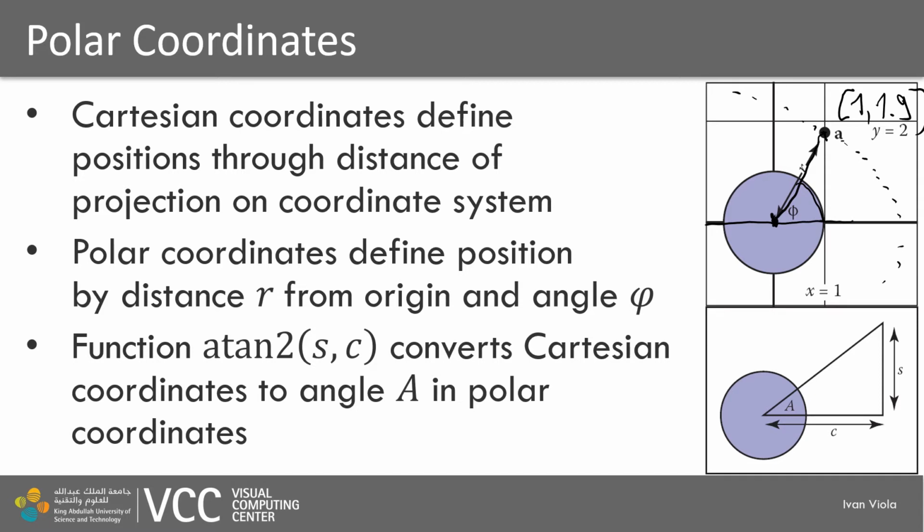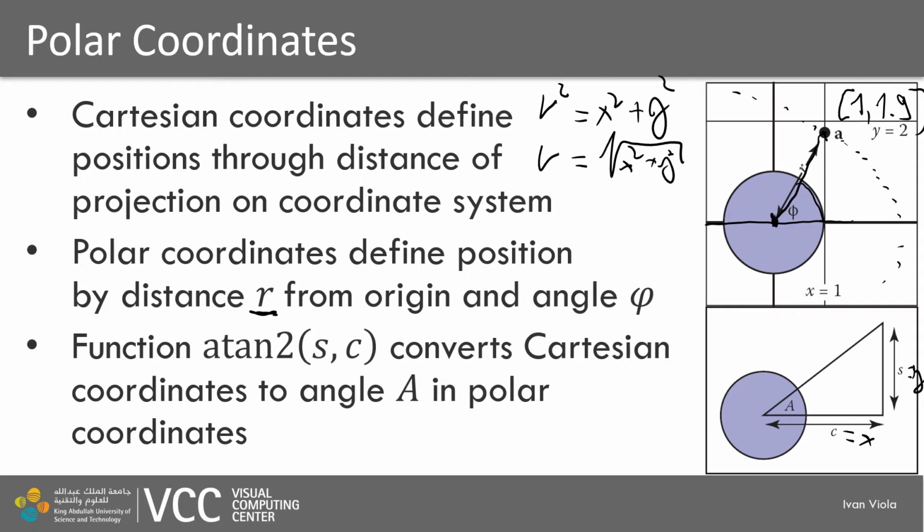We need to find the value r, and if we have the values x and y in this drawing, then r can be simply computed as we just had it. r squared is equal to x squared plus y squared. So r is equal to the square root of x squared plus y squared. And this is obvious and trivial.